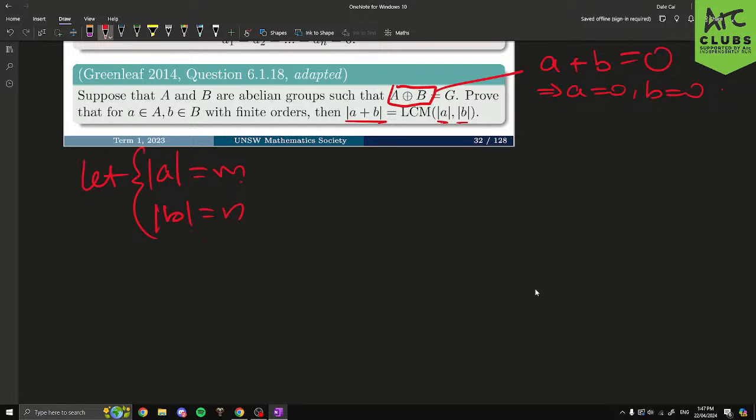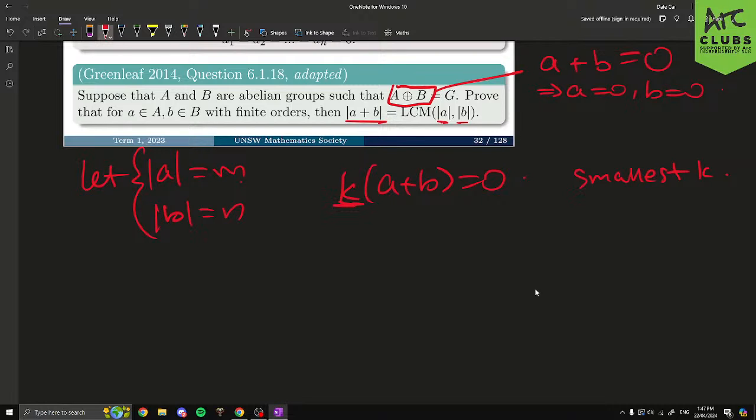And then I'm going to consider k of a plus b being equal to 0, and I'm going to try to find a condition on k. If I find the smallest k for which I can make this work, then that would be the order. Smallest positive k.